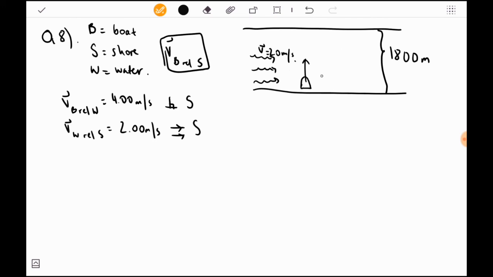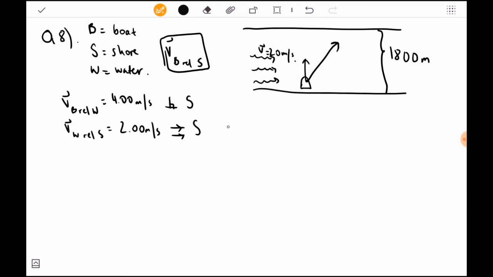So we know that the boat is going to be traveling up this way, but the water is also going to be pushing it this way. And we're just going to assume that the boat is moving as fast as the water in the horizontal direction. There's a whole lot more that would go on in real life, but we're just going to pretend that that's the way that it works. So this means that the actual velocity of the boat relative to the shore is going to be angled something like this, because it's going to be moving horizontally thanks to the water and then vertically thanks to the engine of the boat that is trying to make it just cross the river.